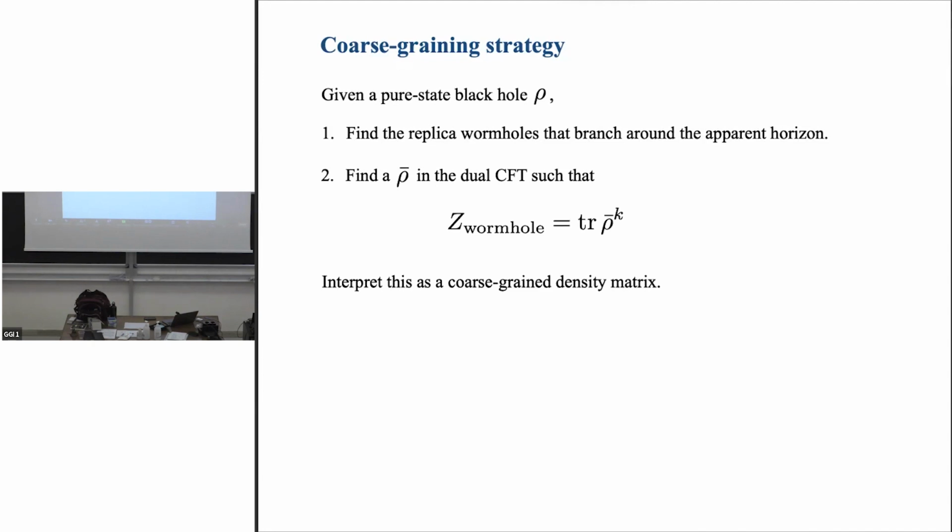Now step two is the tricky one. Step 2 is to find a density matrix in the dual CFT that reproduces the wormhole. I don't have a general procedure for that, but this is something that we can do in the examples that I described. If you can find a density matrix in the dual CFT, rho bar, that matches the wormhole, then we'll call that the coarse grained density matrix.